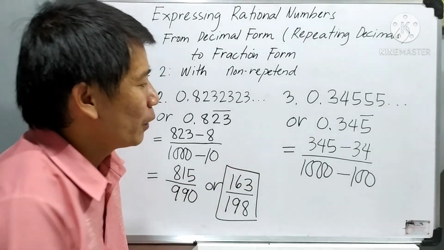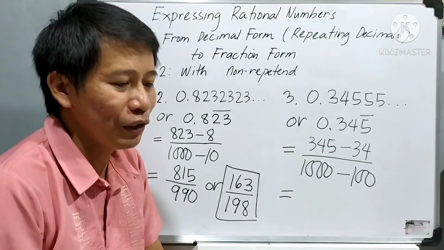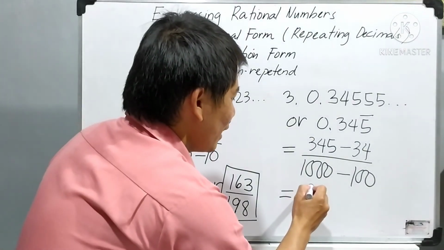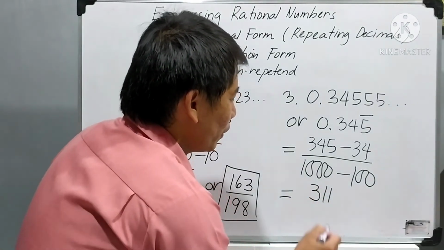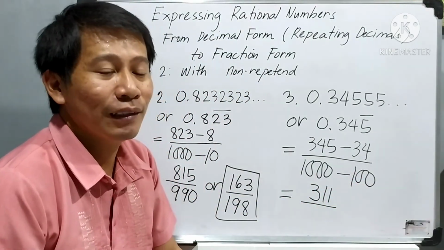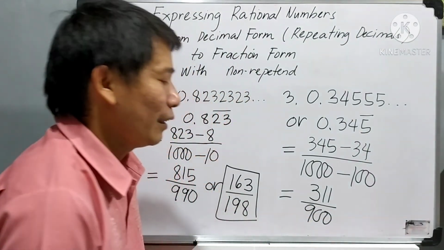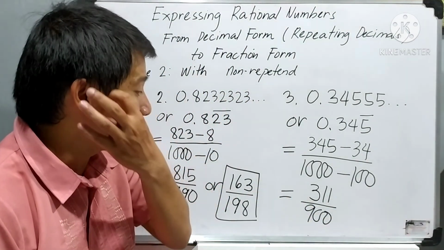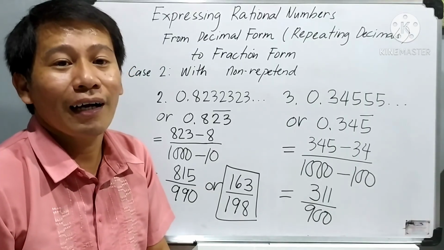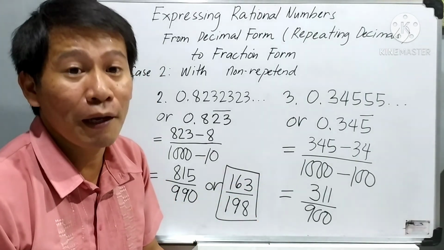Okay? So let's simplify. 345 minus 34 is 311, over 1,000 minus 100, which is 900. And I think 311 and 900 are already in the lowest term because they are relatively prime.